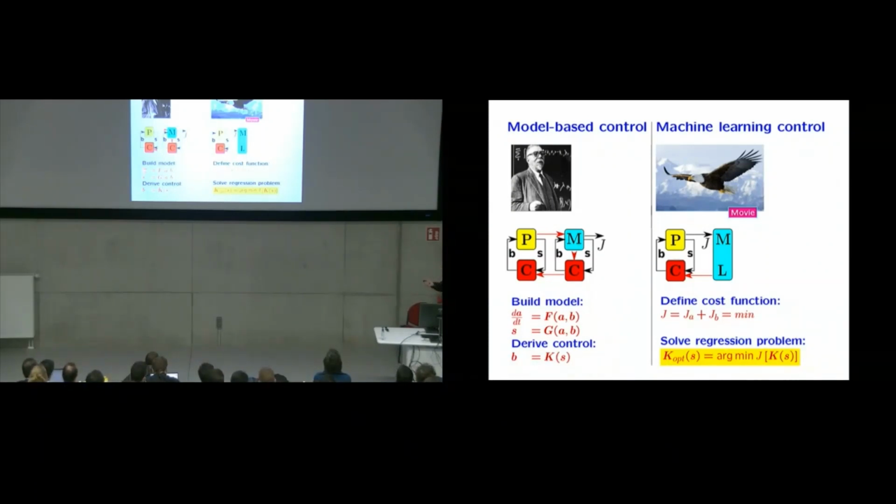And what you want as an engineer is to minimize your cost regardless of how. So you are not a priori interested in a model, you are interested in solving a regression problem, meaning finding a controller, let's say here a sensor feedback to the actuation, in such a way that it minimizes the cost. So this is a regression problem, but you see already it's a pretty tough regression problem.